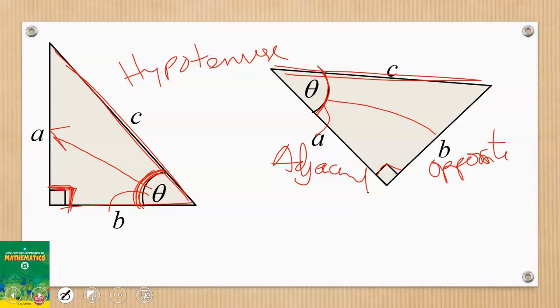Now let's see how we can relate the size and then the angles. In fact, all we are trying to do here is to see the relationship between this angle theta and the size of the triangle in reference to the three fundamental ratios, the cos, the sine, and then the tan.